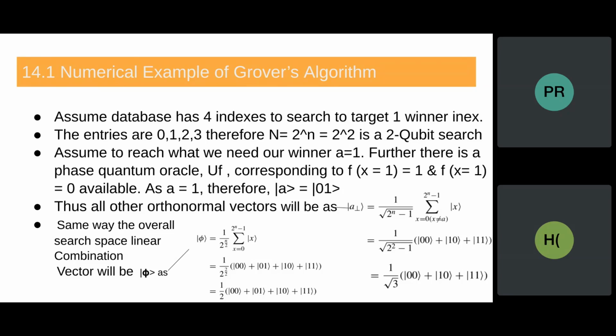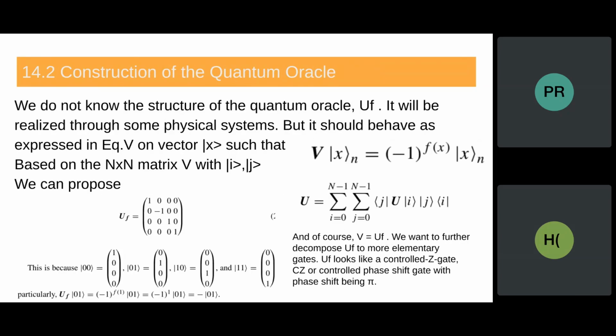Whereas our phi vector contains everything. To solve Grover's algorithm, you need 3 vectors. One is the phi vector, one is the a vector which is our target, and the phi other than the a, which is our a perpendicular. So these are the 3 vectors which we generally require.